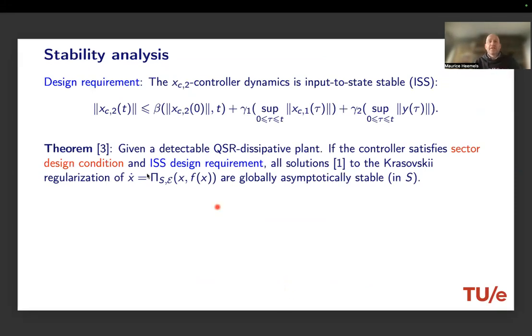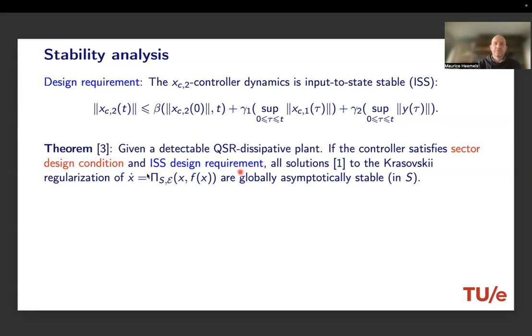Right, so this is formalized in this result. So essentially, if the sector design condition holds that I just indicated, so the original plant is QSR dissipative, passive, strict output passive, small gain, you do a proper sector design. If you also want to have internal stability of the controller, we need a certain ISS condition on the other controller states that do not appear directly in the controller output.